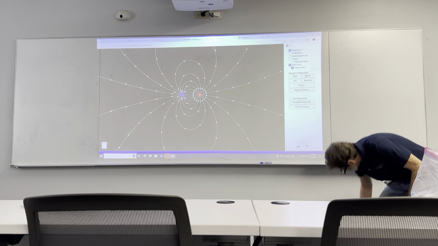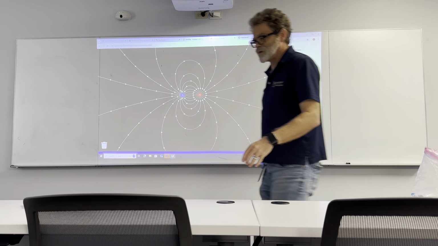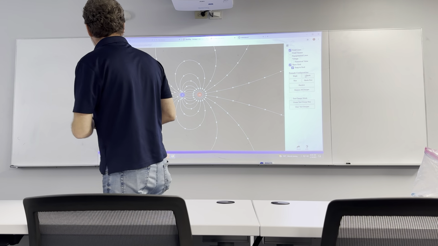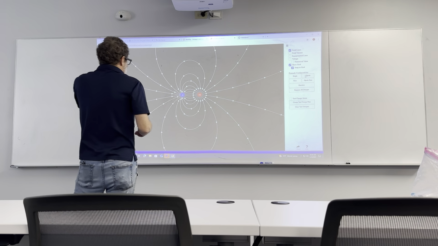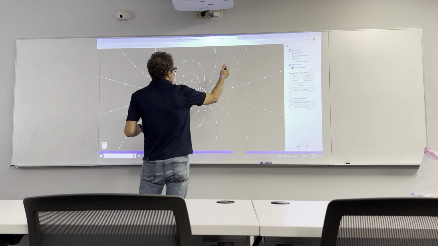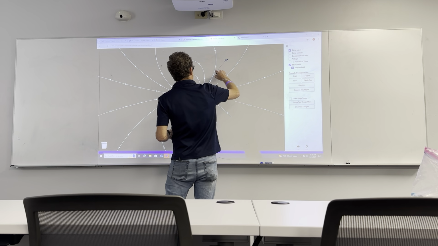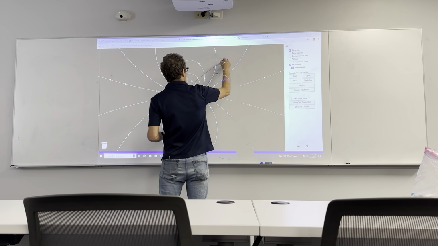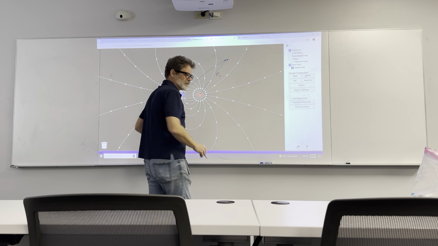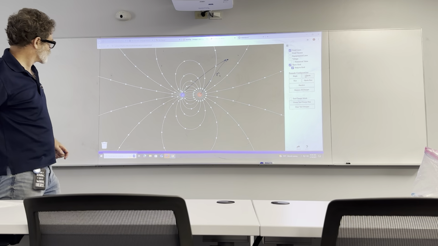Okay. So there's my dipole pattern. Let's write down the electric field. So I've got some point P here in space. Let's call this R1. Oh wait, which way did I do it in my notes? I switched these.